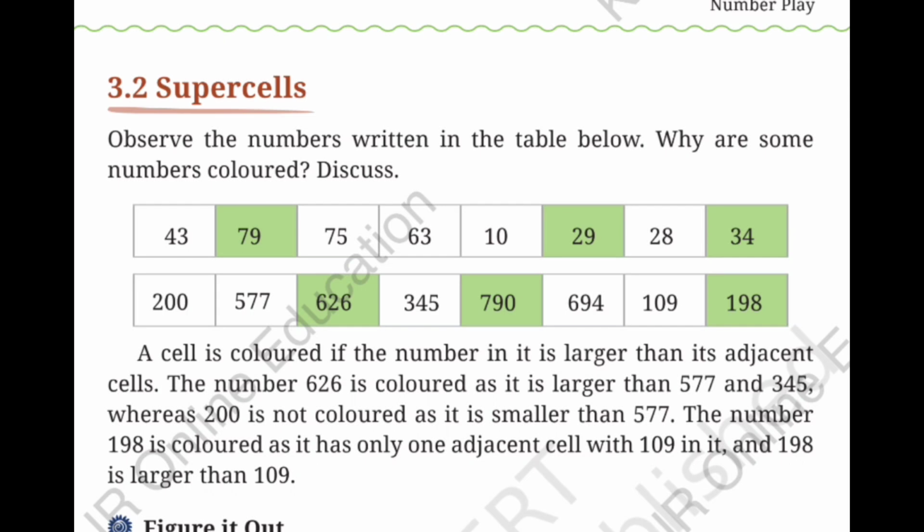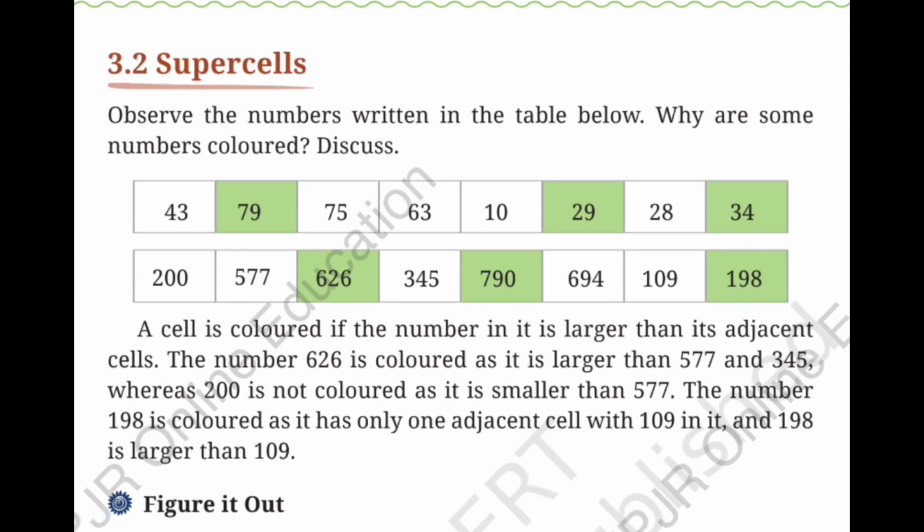So seeing the neighbor cells, 43 and 75 are lesser than 79. Okay. So see this 10 and 28, 29 is greater. Same like that, the last number we can't compare, so we have written this. See here, this two in the middle number, this is greater. Compare these two adjacent numbers, this is greater.